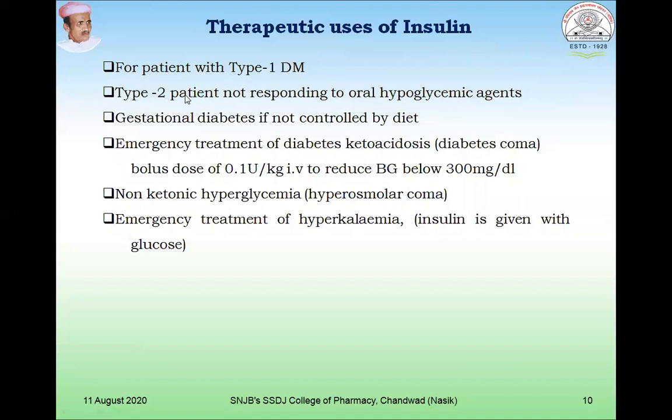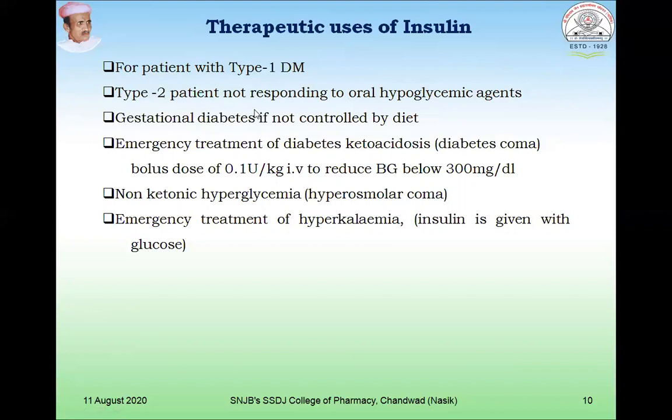Then there are certain type 2 patients who are on oral hypoglycemic agents. Suppose the patients are first given an oral hypoglycemic agent, but after a few years resistance develops and the patient's hyperglycemia cannot be maintained. In that case, most of the time, the physician prefers to administer insulin to such patients.